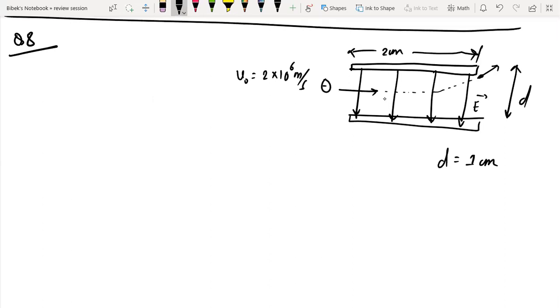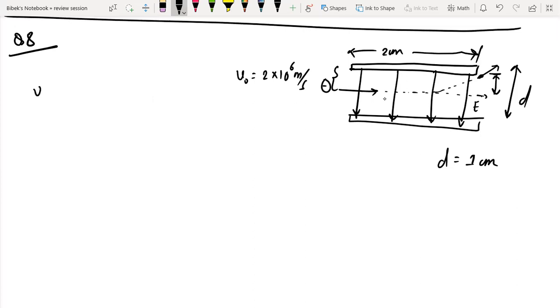You need to use kinematics because you are given the velocity and you have distances here. So you have this vertical distance traveled. This is the distance covered on the y-axis by the electron, right? That is half of the 1 centimeter.